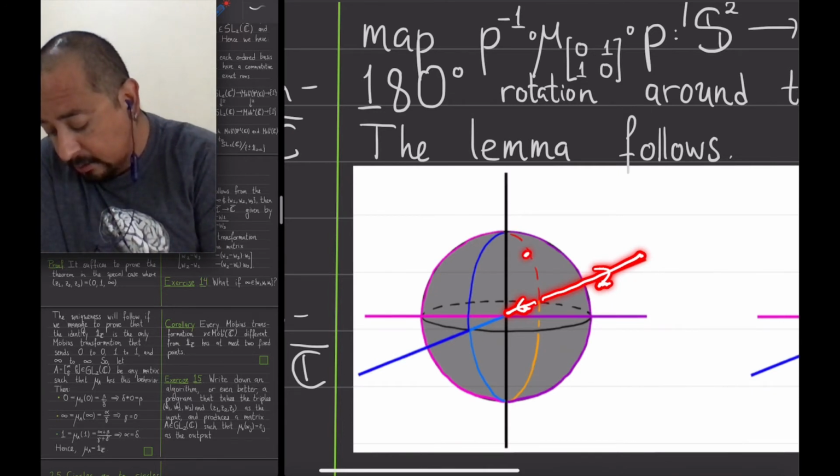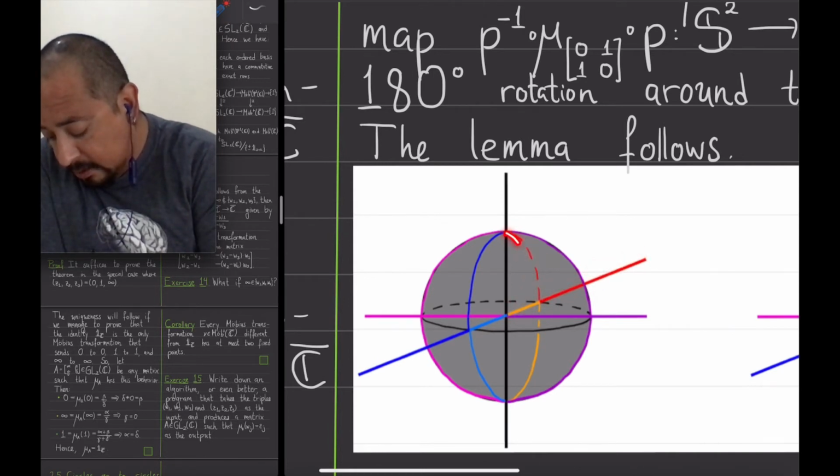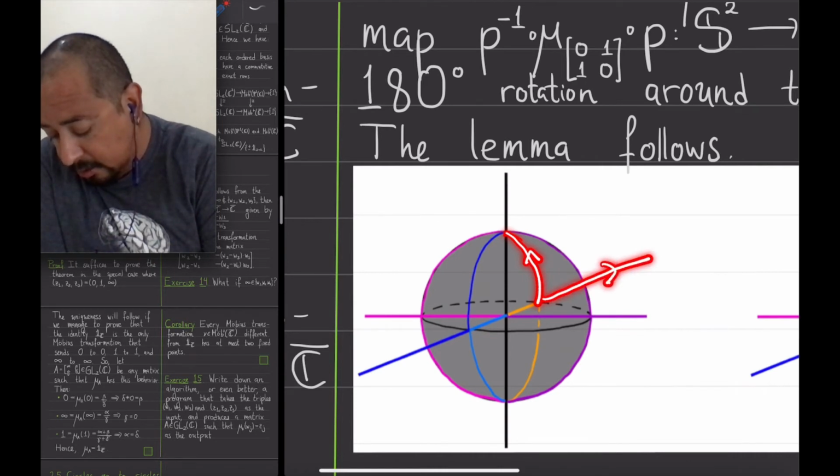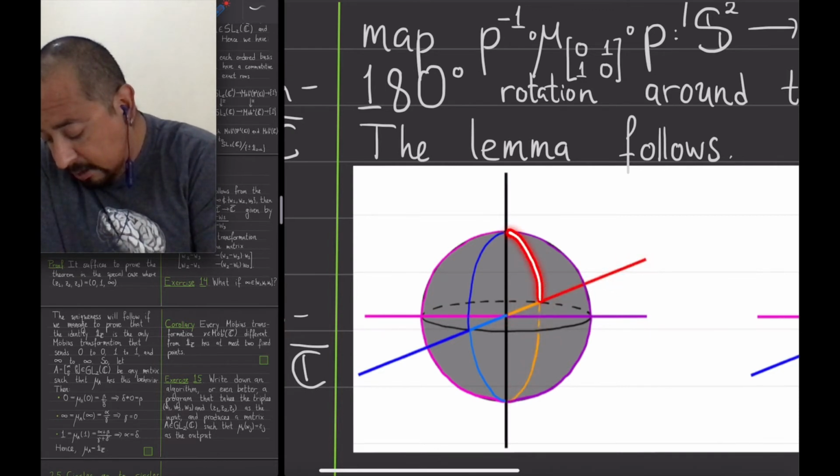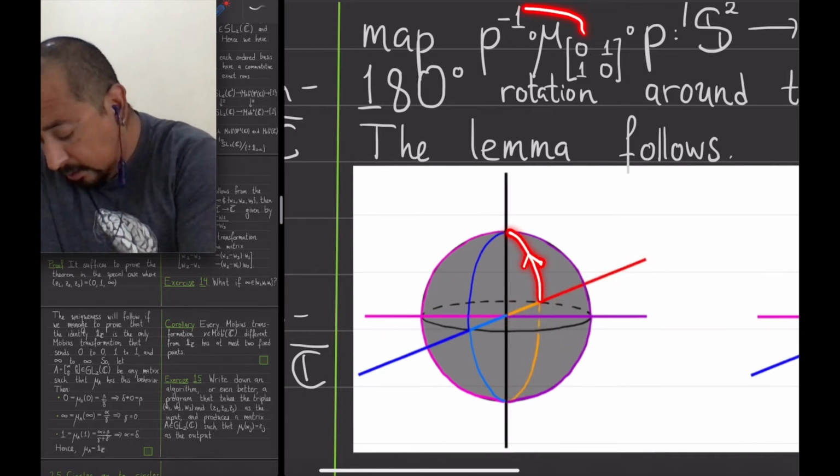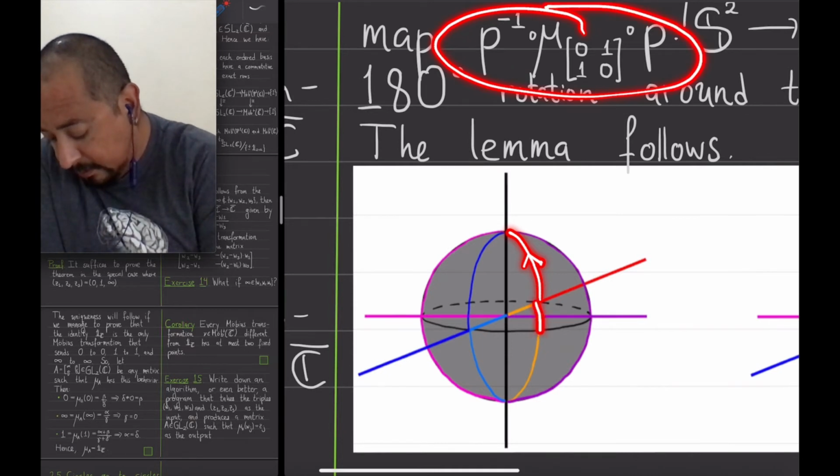So this one goes to this one, which under 1 over z goes to this one, which under the stereographic projection goes to this one, right? So the image of this one under this composition is this one, like this.